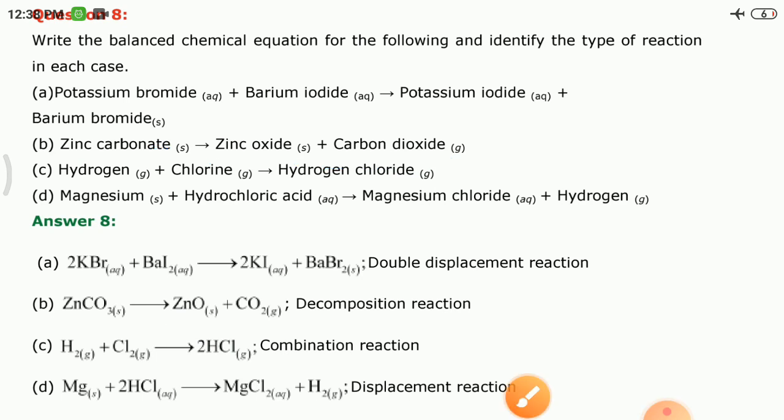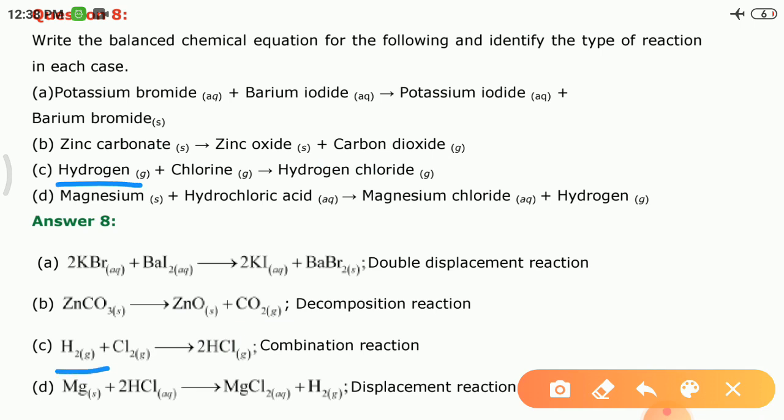Next one, (c) is hydrogen gas. The formula of hydrogen gas is H2 gas plus chlorine gas, formula Cl2 gas. It will give hydrogen chloride. Hydrogen chloride formula is HCl gas. Here we are getting 2 hydrogen ions and 2 chloride ions. So after the reaction also we will get 2 HCl.